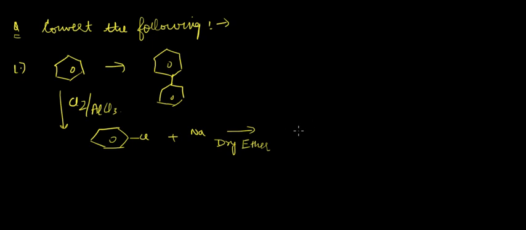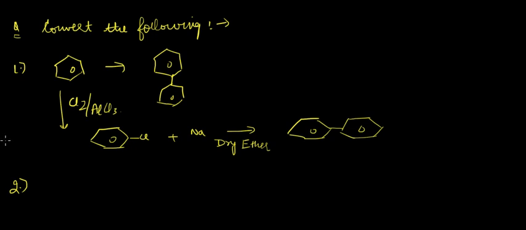So in presence of sodium and dry ether, it will get converted into 2 phenyl rings. We aren't going to discuss the mechanism in depth. We are just going to discuss how a product can be converted into another product via reagents. I hope you remember the mechanism, and you are fully thorough and revised with all your previous concepts. So this could be method 1.